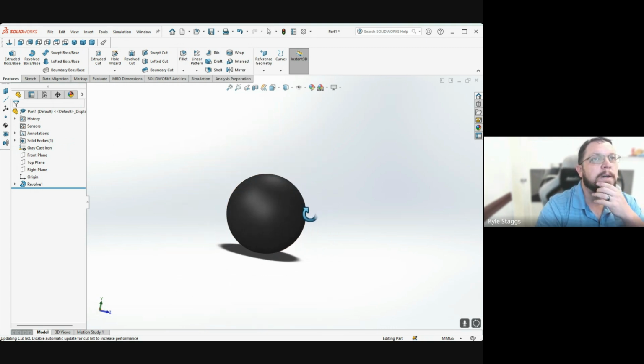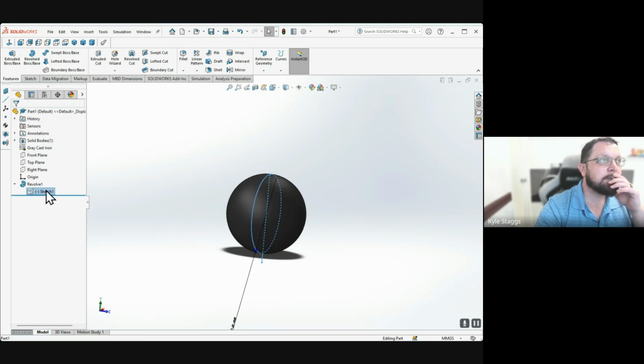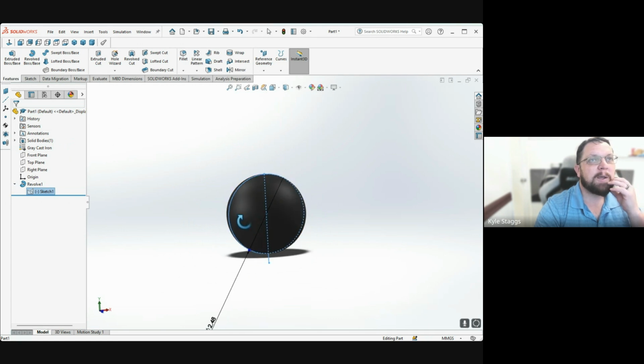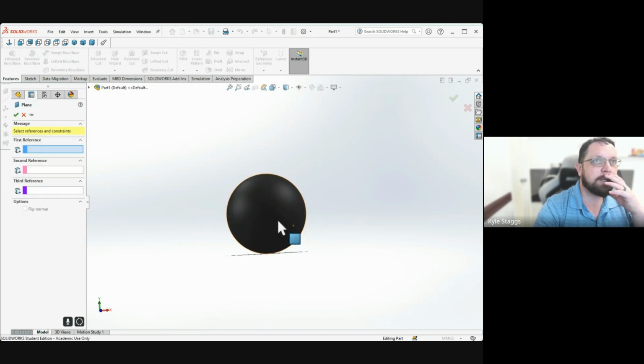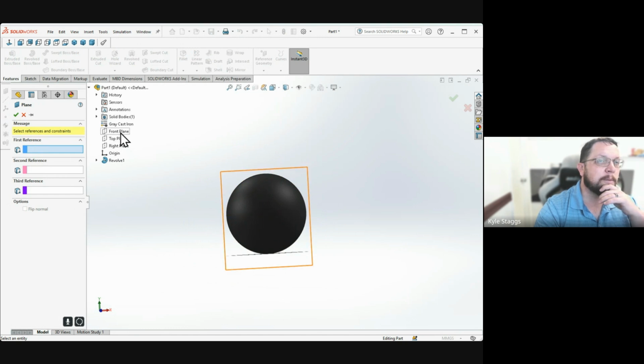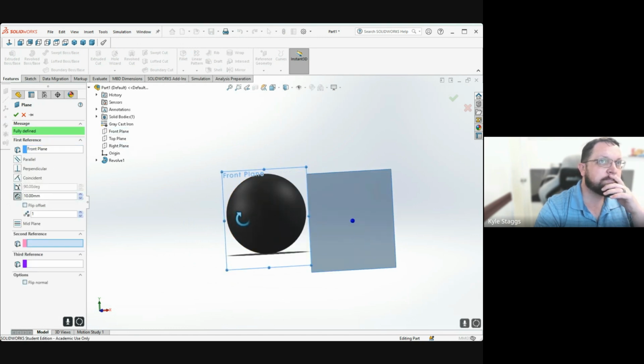We need a couple other reference points. In this case, we can go back to our original sketch and do kind of an interesting thing, but we're going to need a couple reference planes. This is why we don't go through an exercise like this all the time in order to understand it.